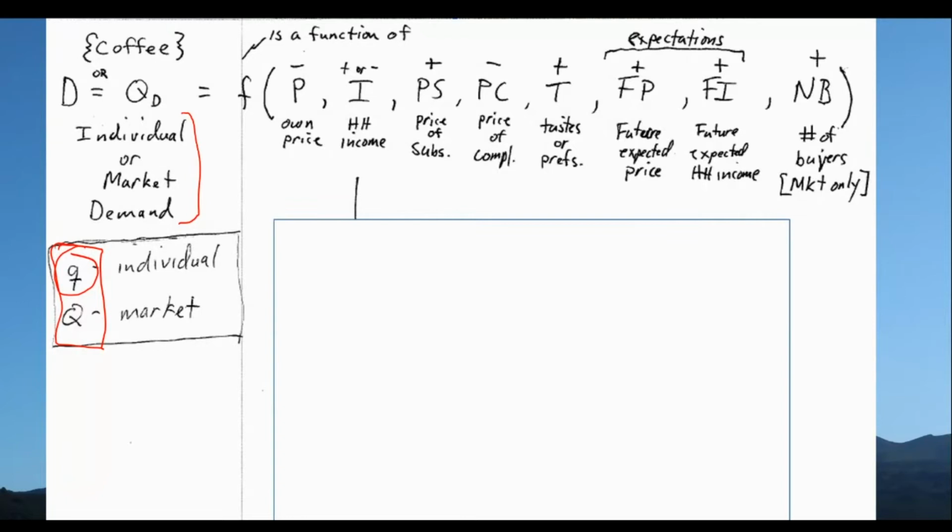But if I want to think about the entire market for a product, all of the coffee bought and sold or purchased in the US economy, then I'm going to use the variable Q. And Q is going to be equal to the sum of all the individual little q's. Mathematically, we put this sigma sign and say we're adding up all of the q's across all the individuals, and it's the market demand for a particular product.